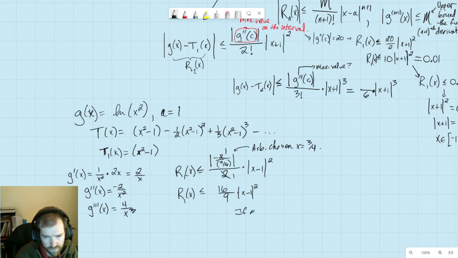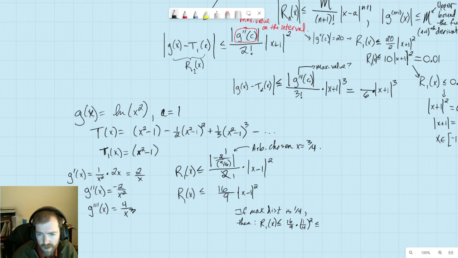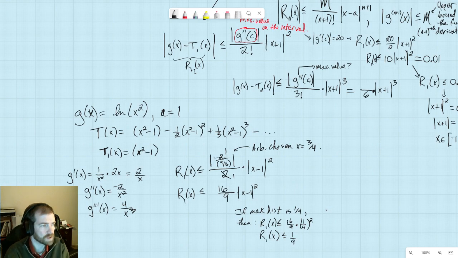Okay, so if max distance is 1/4, then we end up with r sub 1 of x is going to be less than or equal to 16/9 times 1/4 squared, which is going to be 16, so that's going to be less than or equal to what? This is equal to, but r1 of x would be less than or equal to 1/9. That is 0.111 repeated. Not great, but, you know, something.